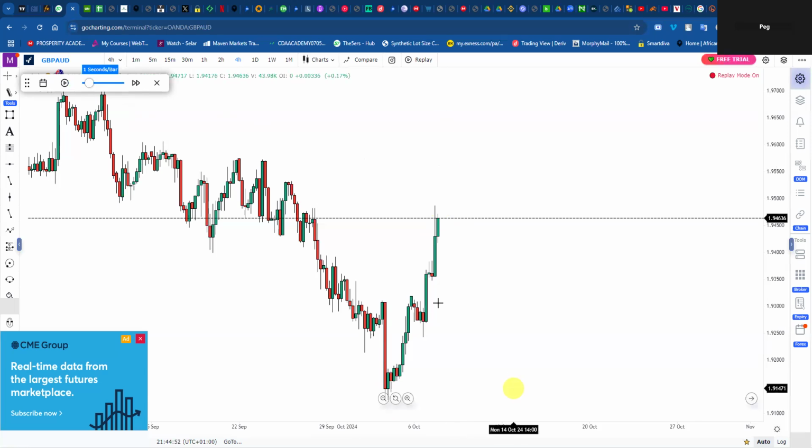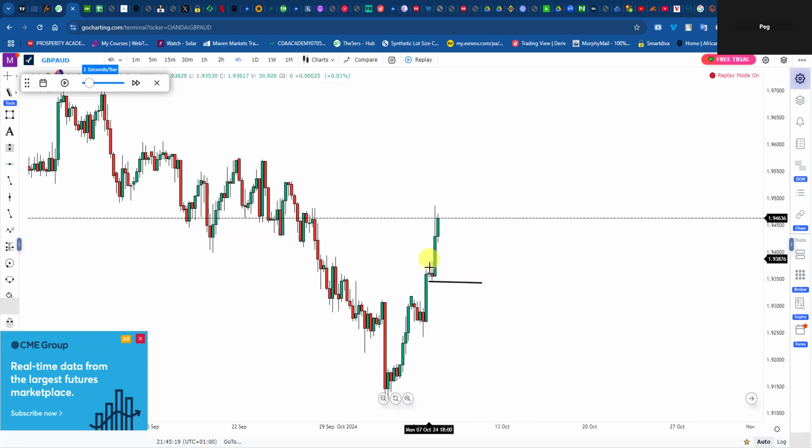So since we're anticipating price to retrace into a premium zone before moving down, we can buy all the way to that premium zone. So let's assume we want to take a buy trade here. First thing I said you look for is your inducement.